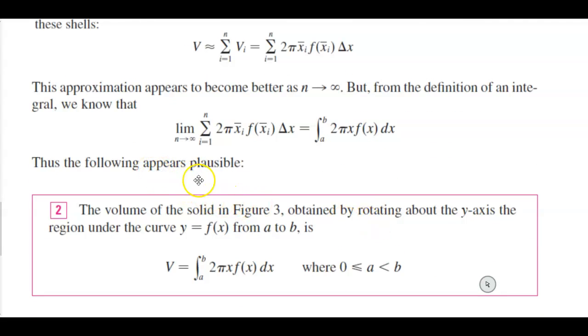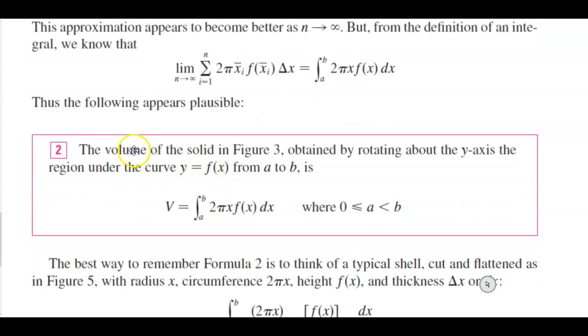Thus, the following appears plausible. Here's our definition: the volume of the solid in figure 3 obtained by rotating about the y-axis the region under the curve y equals f of x from a to b is given by this formula, where a is between 0 and b.